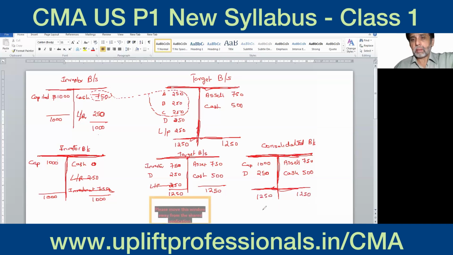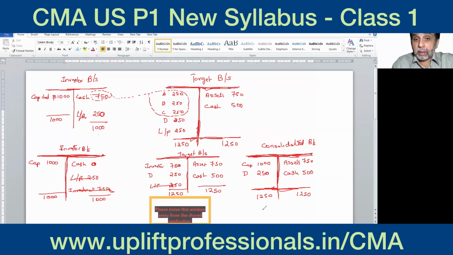So this is how the consolidated balance sheet will look, with the intercompany receivables and payables removed, the investment removed, and the assets of both the parent and the subsidiary shown. In this case, it so happened that the assets of the parent is nothing. So only the assets of the target is shown.